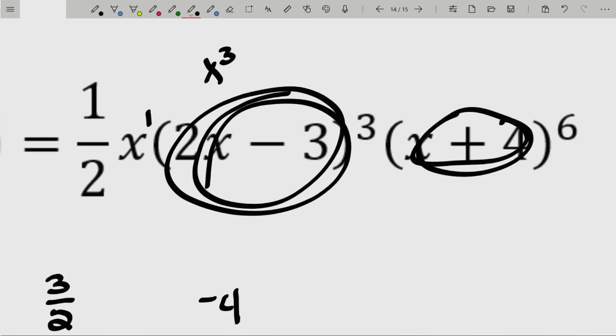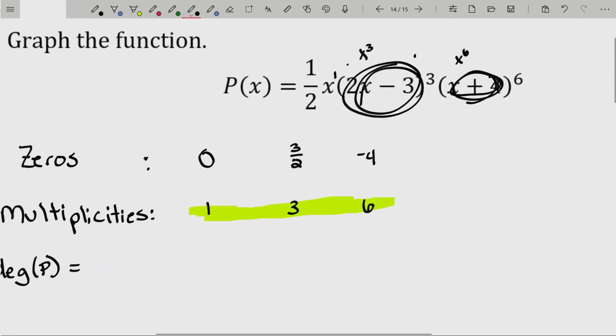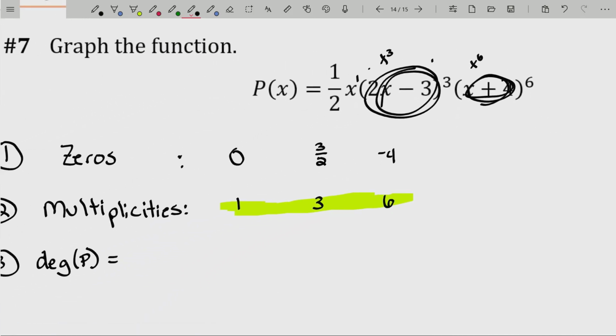And then once I multiply all this stuff out, I'll get an x to the 6th and some other stuff. But when you multiply everything out, you'll get an x to the 6th times an x to the 3rd times an x to the 1st, or an x to the 10th. But I could have avoided that entire conversation by noting 1 plus 3 plus 6 is 10. So that's what I'm going to do here. I'm also going to erase my messy handwriting.